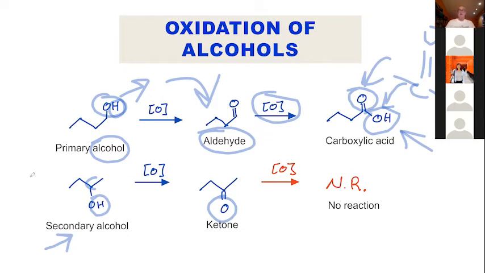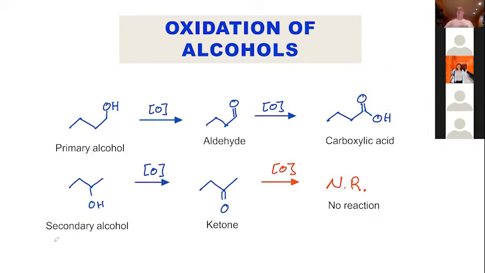And the reason is that carbon's already making 4 bonds now. We can't make any more. So we can't remove any more hydrogens and replace them with oxygens. There aren't any more hydrogens, so we're done. So then there's no reaction after that. So we can oxidize a secondary alcohol to a ketone, and then we're done. We can't go any further because it's already making 4 bonds with carbons and oxygens, and we can't replace any more.